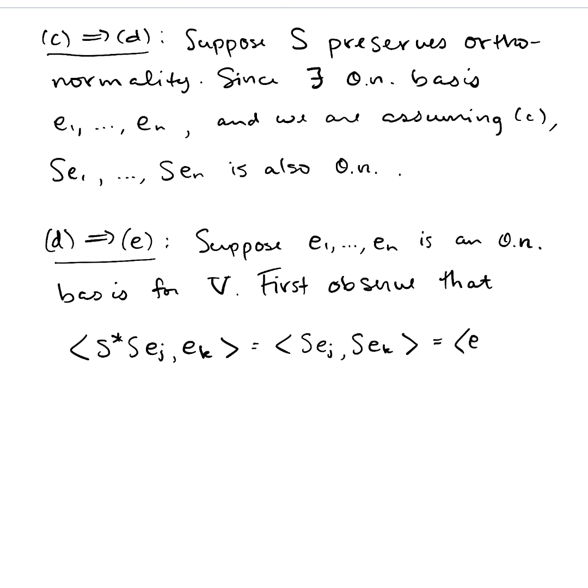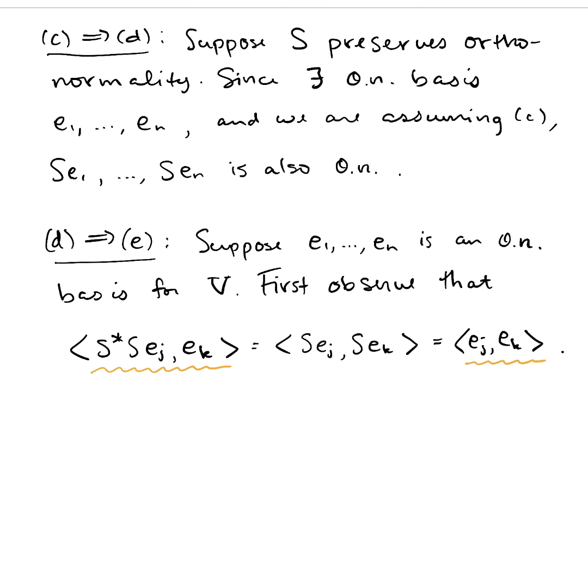Which is the same as the inner product of Ej with Ek. Again, 1 when j equals k, 0 otherwise. So at this moment, we have established that S star S acting on Ej, inner product with Ek, is the same as just Ej inner product with Ek. This is the first step in part D implies E.